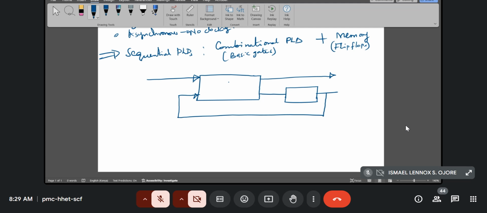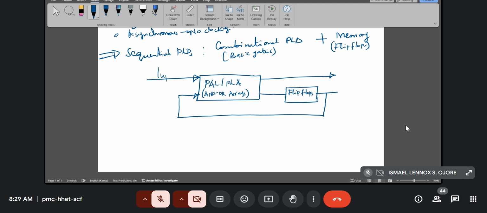So this will be our combination of PLD. It could be a PAL, it could be a PLA, it could be a PLON. And this is the basic gates, the AND-OR arrays. And then in the feedback path, we have a memory unit, which we are saying will be flip-flops.